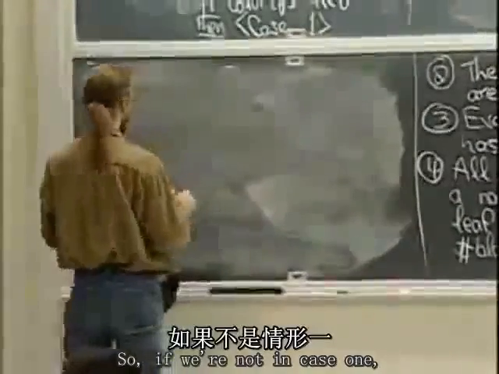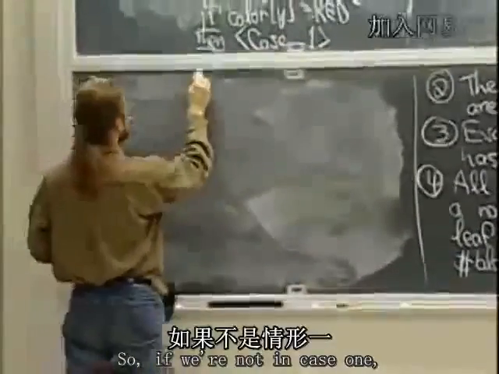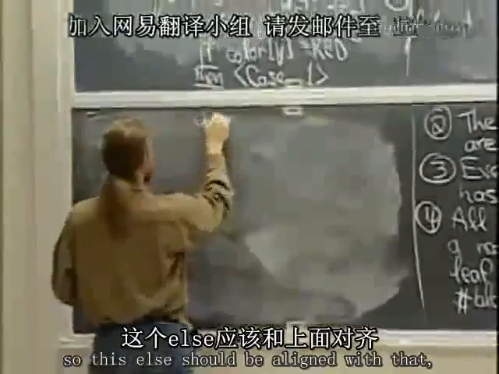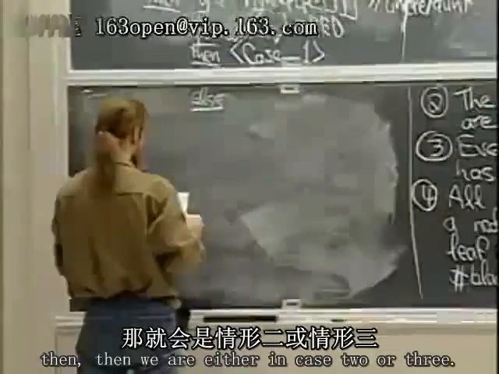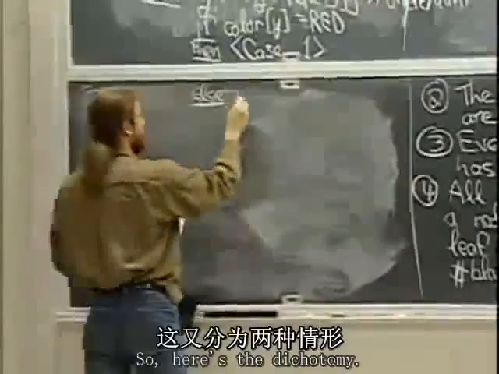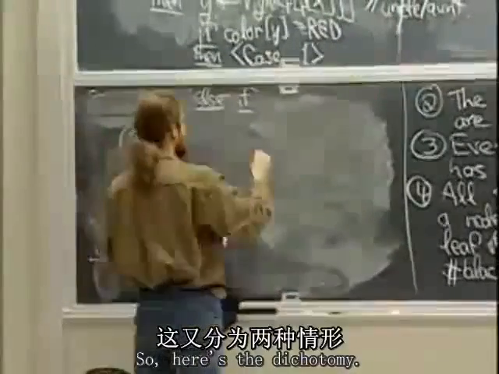So, if we're not in case 1, so this else should be aligned with that, then we're either in case 2 or 3. So here's the dichotomy.